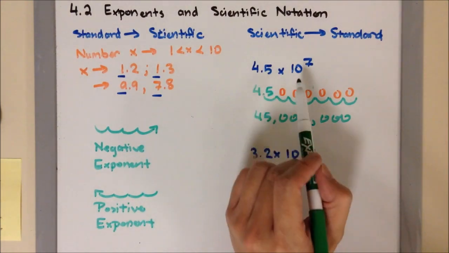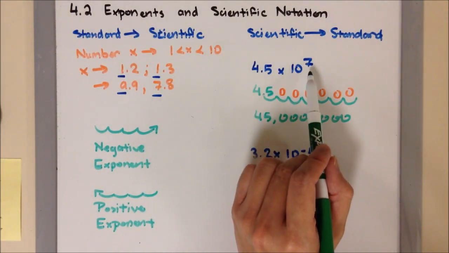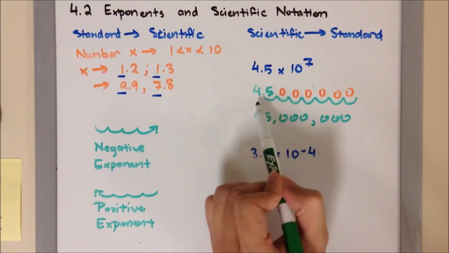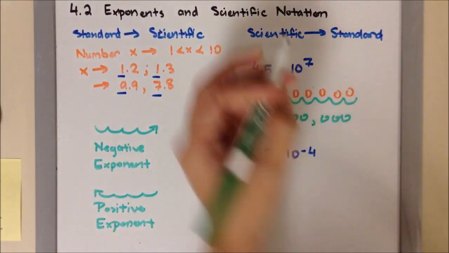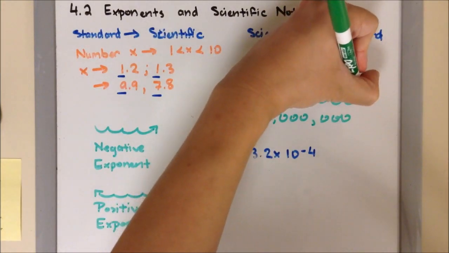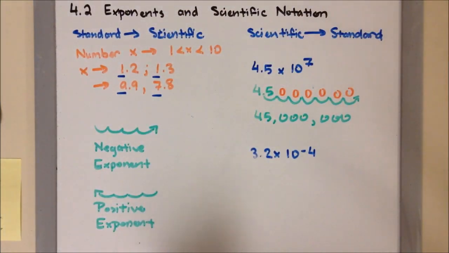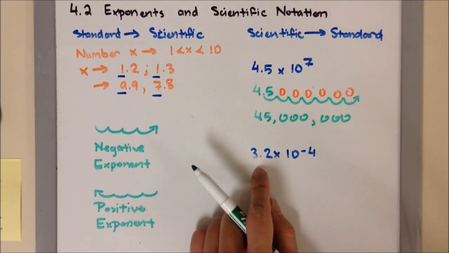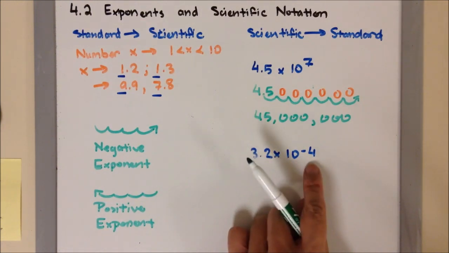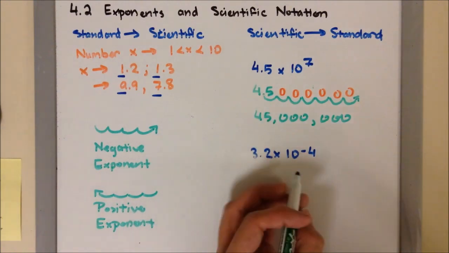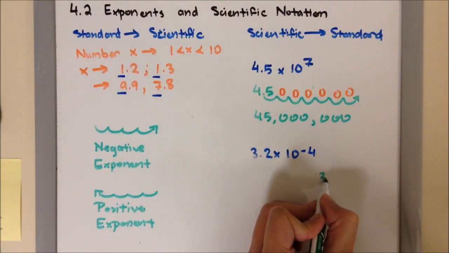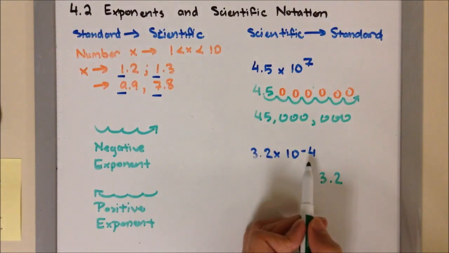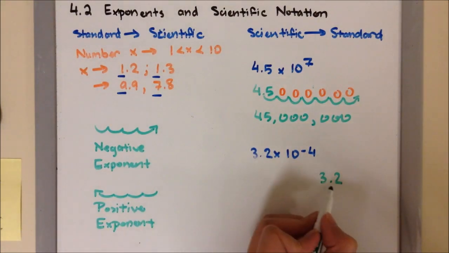So again, if my exponent is positive, I'm going to put my 4.5 on the left hand side and move my decimal to the right. Now, next example, 3.2 times 10 to the negative 4. That means I'm going to put my 3.2 on the right hand side. Since it's a negative exponent, I'm going to move my decimal to the left.